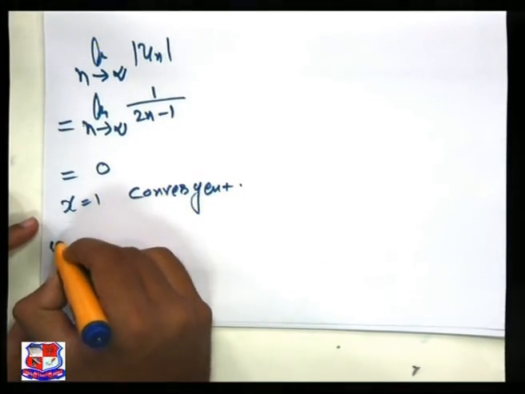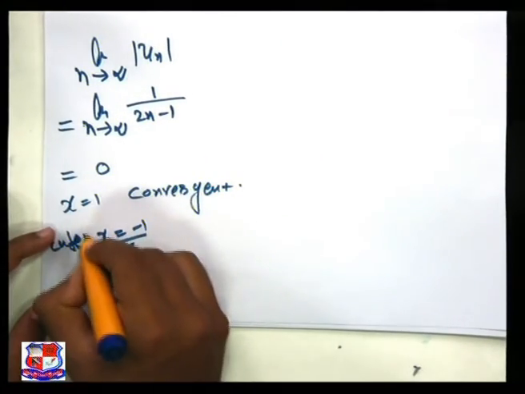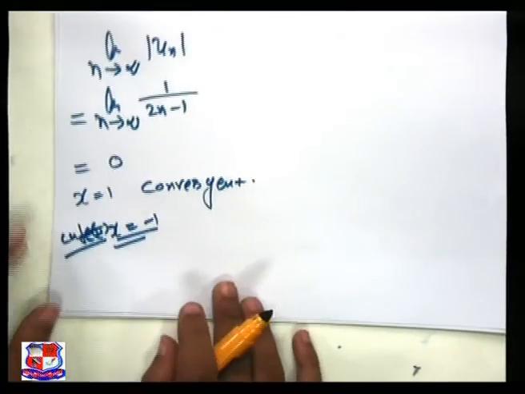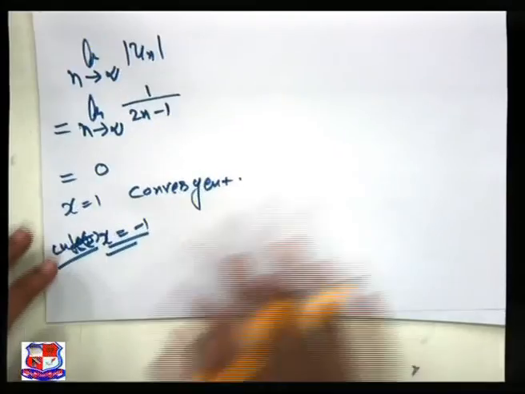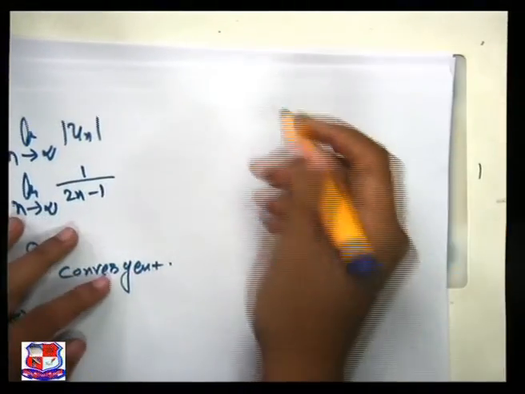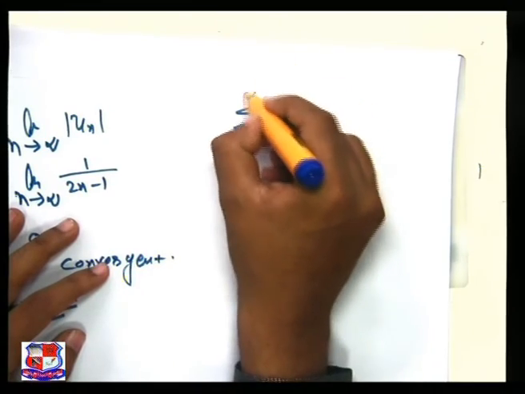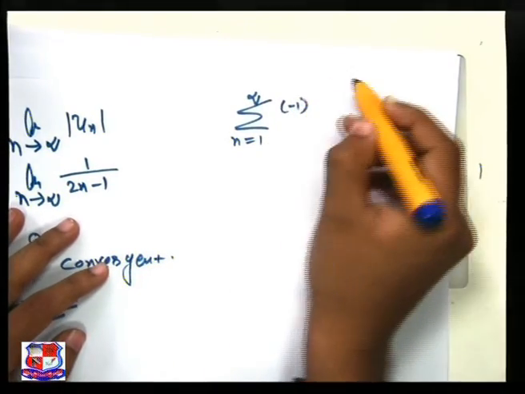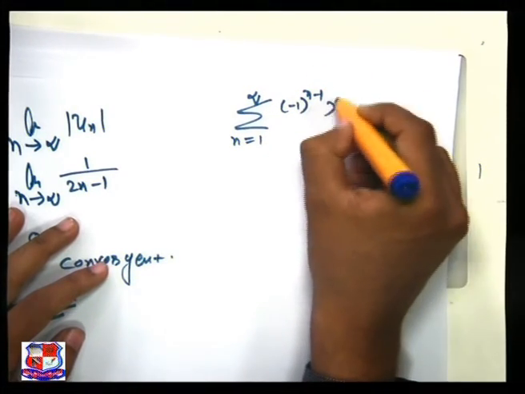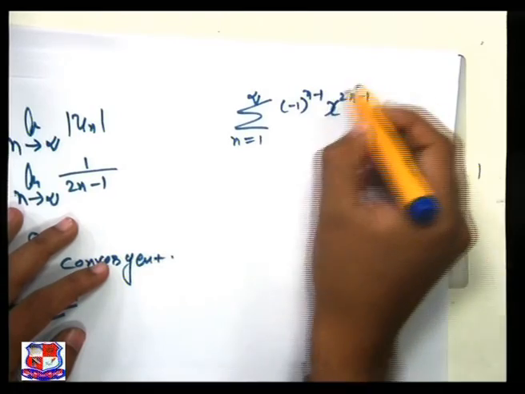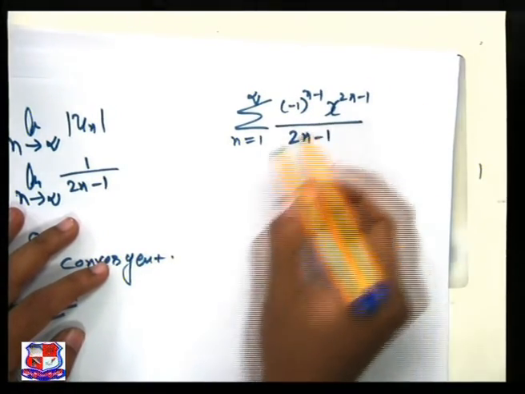Now the case 2, for x is equal to minus 1. Now what is our series? This is our series, summation n is equal to 1 to infinite minus 1 raised to n minus 1 into x raised to 2n minus 1 upon 2n minus 1.